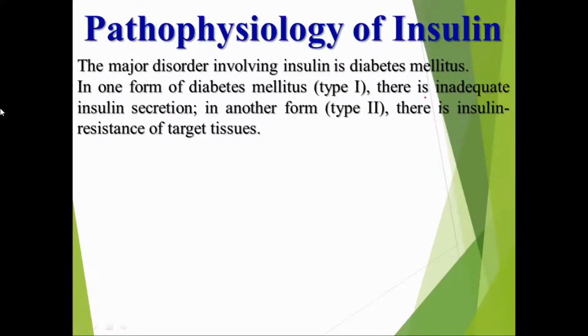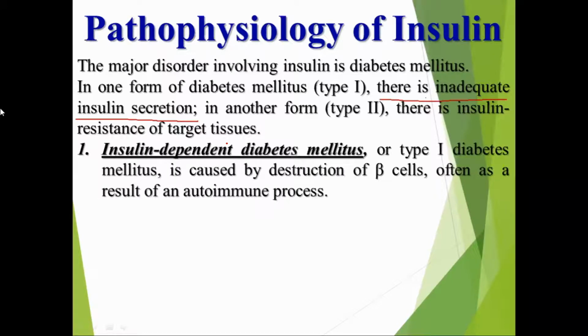What is the difference between type 1 and type 2? In type 1, there is inadequate insulin secretion. There is a problem with secretion. Whereas in type 2, there is a problem with insulin binding with its receptor and showing its action, that is, insulin resistance of target tissues.